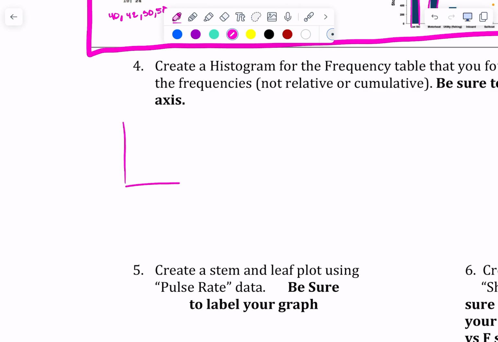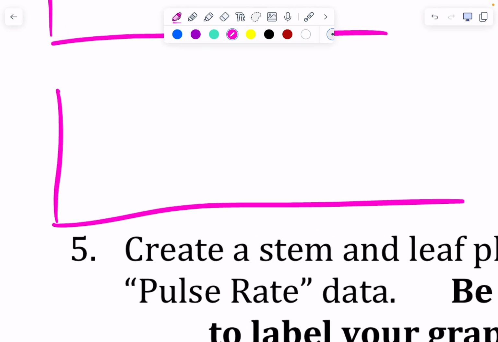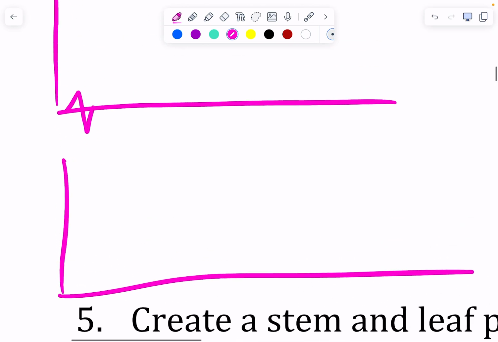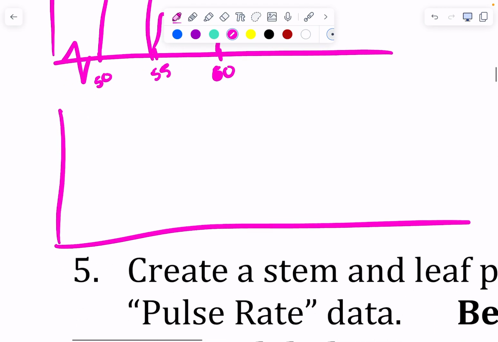Like you could do either or. Here are your options. I'm gonna say 50 is here, and 55 is here, and 60 is here, and I can do my little tower things. Or I'm gonna label my chart and go 50 to 54, 55 to 59, 60 to 64. I don't care which one you do.